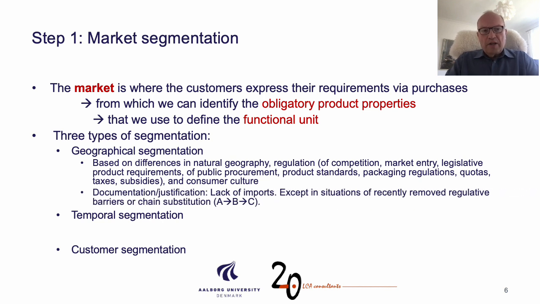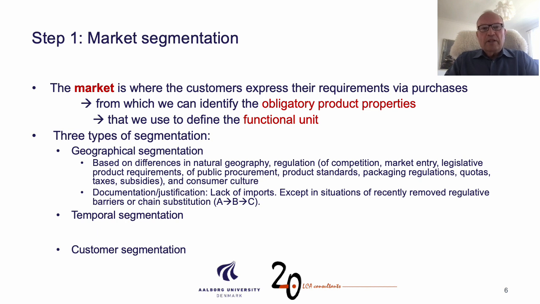To justify or document that there is a geographical separate market, lack of imports is an obvious choice. However, there may be situations where a regulative barrier has recently been removed, but the market still has not reacted to that, so that we still see lack of imports.